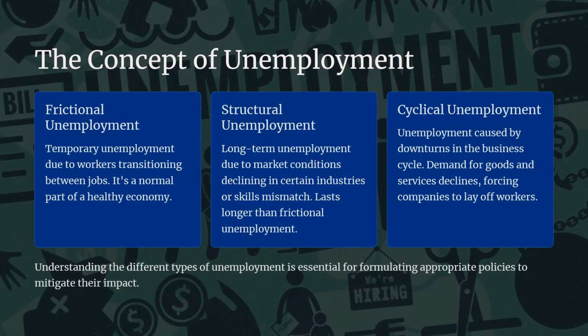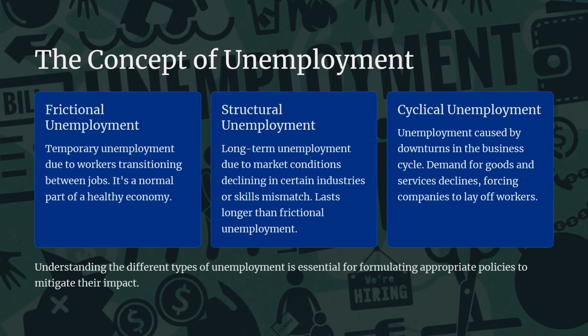If you look into the concept of unemployment, there are three types: frictional unemployment, structural unemployment, and cyclical unemployment. Frictional is temporary unemployment due to workers transitioning between jobs. It's a normal part of a healthy economy.